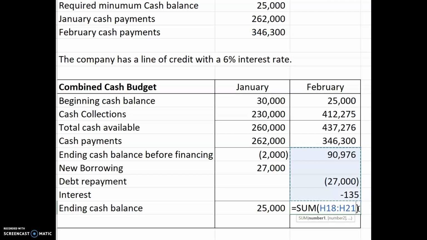So that leaves us with our ending cash balance of $63,841. And then that would become our beginning cash balance for March.